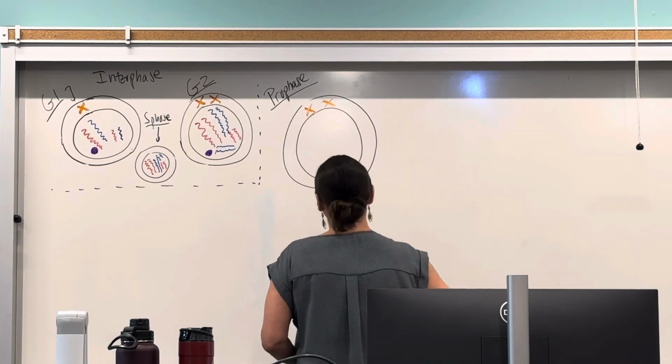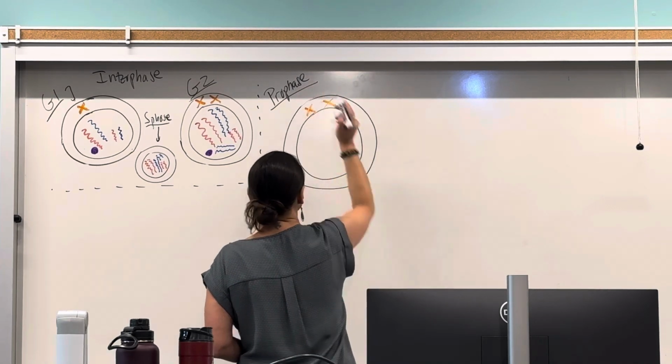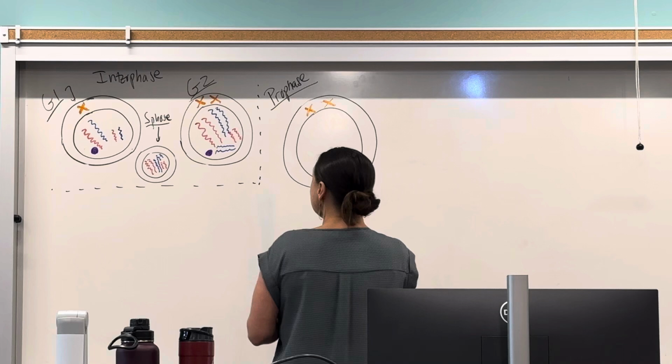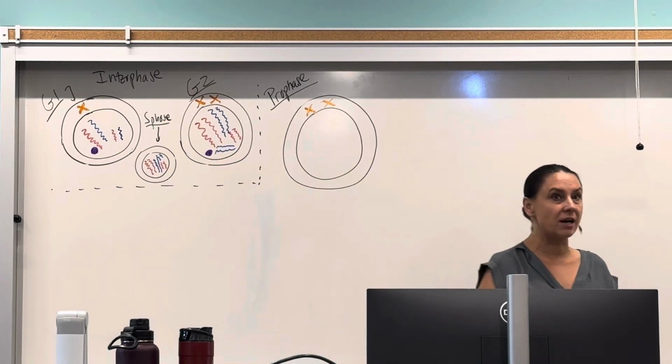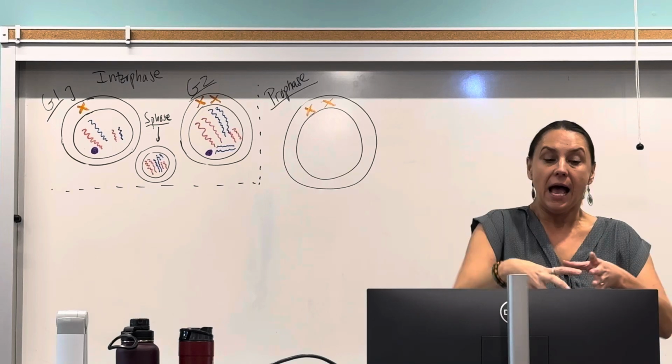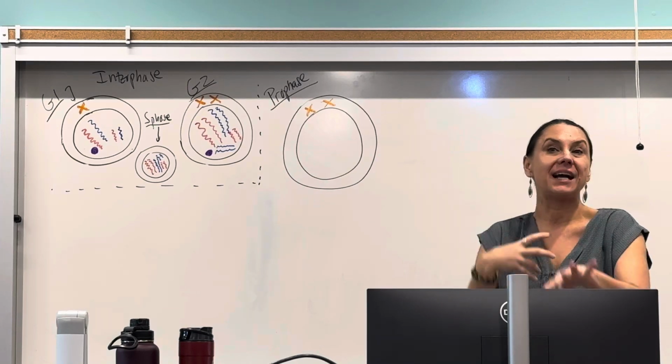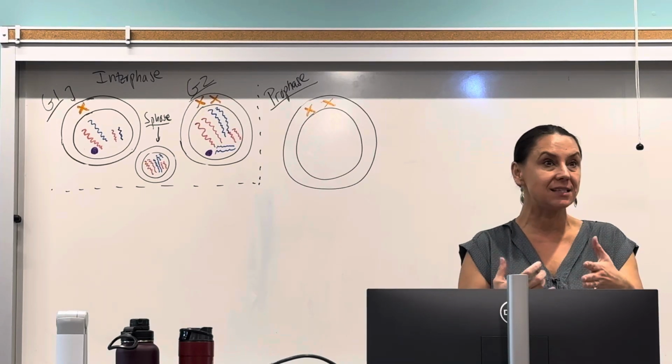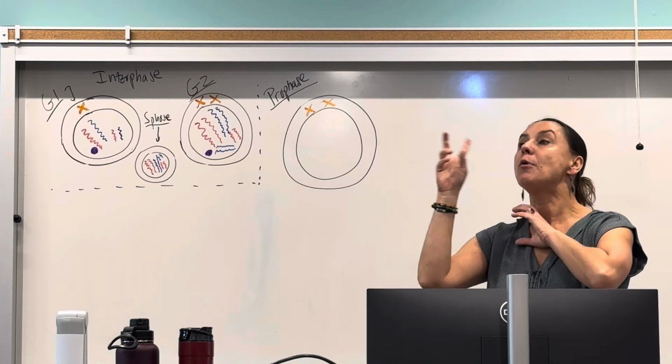One of the things that happens in early prophase is that these DNA molecules that are in chromatin format are going to super condense. They're going to condense and become their most compacted form, which we know as chromosome, right?